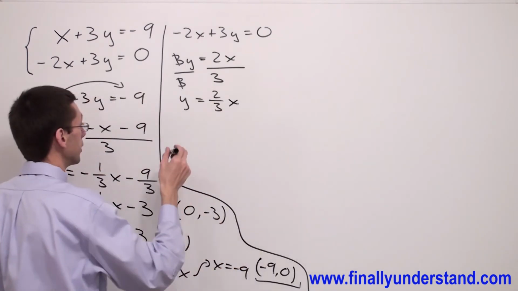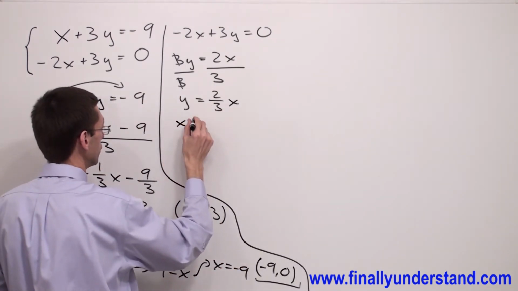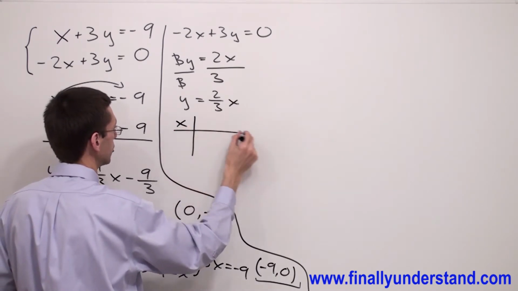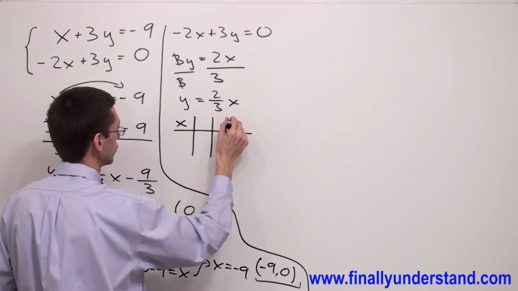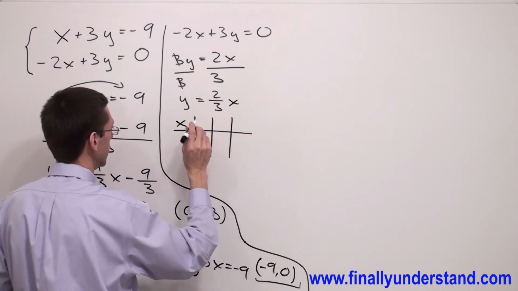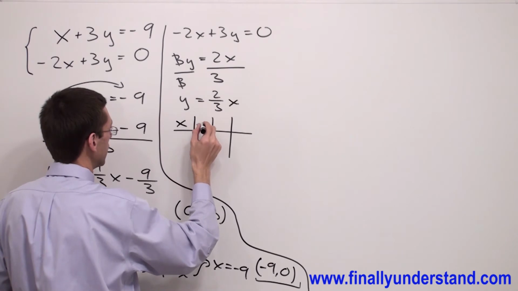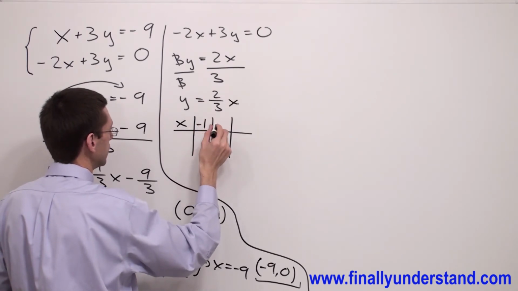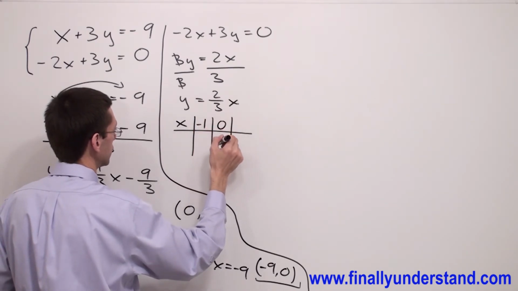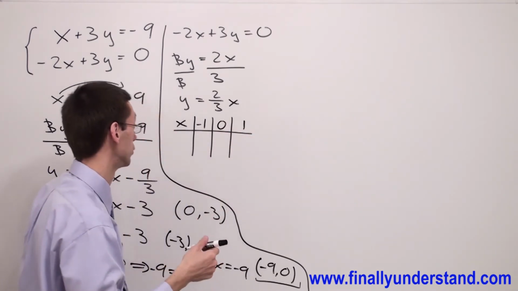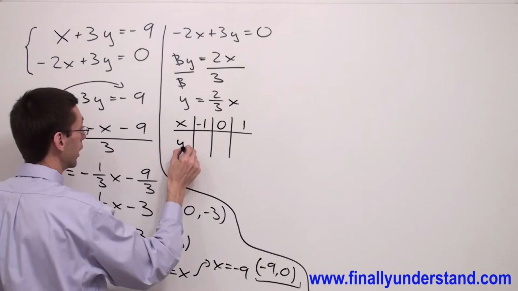So you have to draw the table and assume 2 values of x. Most of the time I assume 3 values just to make sure that I'm doing everything fine, but you need just 2. So I have negative 1, I also add 0, and I have 1 because I do 3. You can do 2 if you want to. So I have y.